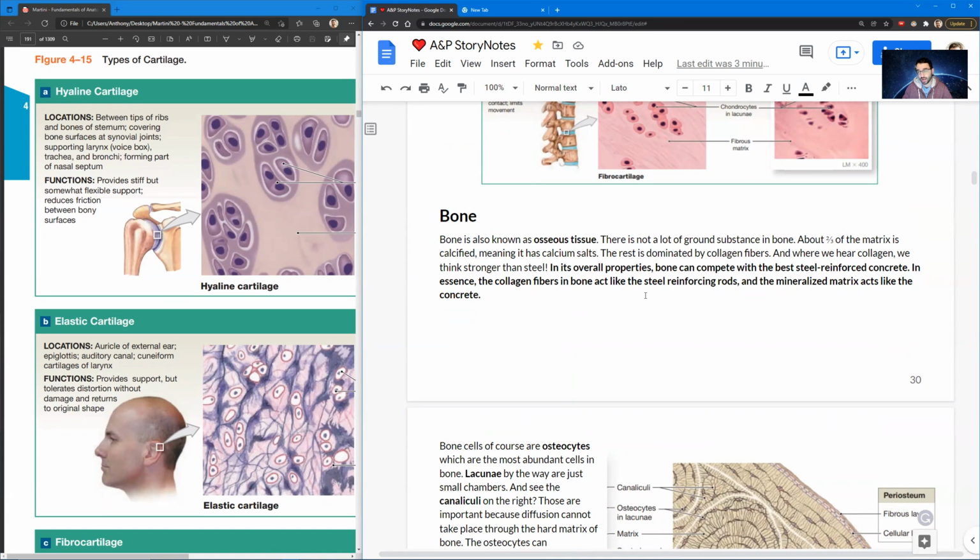And when we hear collagen, we think stronger than steel. In its overall properties, bone can compete with the best steel reinforced concrete. In essence, the collagen fibers in bone act like the steel reinforcing rods, and the mineralized matrix acts like the concrete. Crazy.